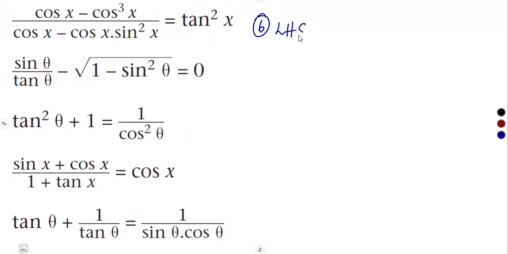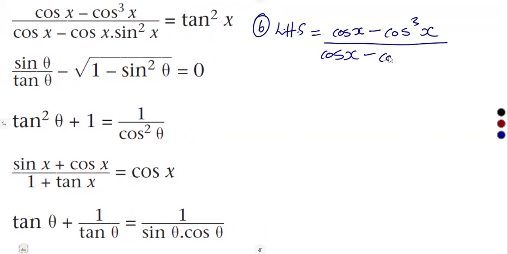On our left-hand side, we are given the cos of x minus cos cubed x, everything over the cos of x minus the cos of x times sine squared of x.